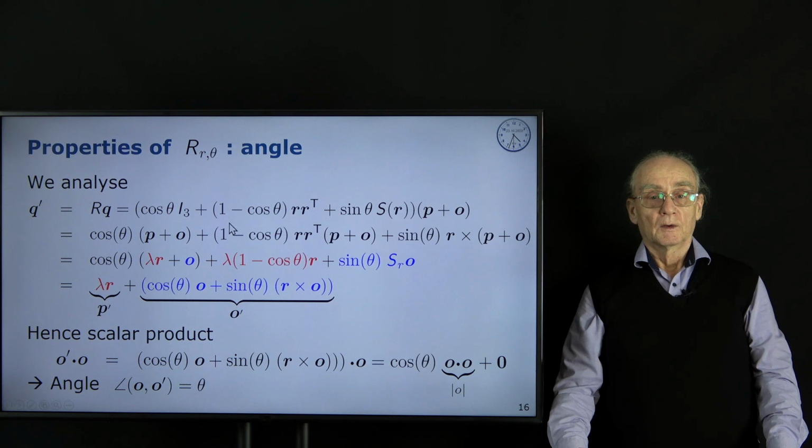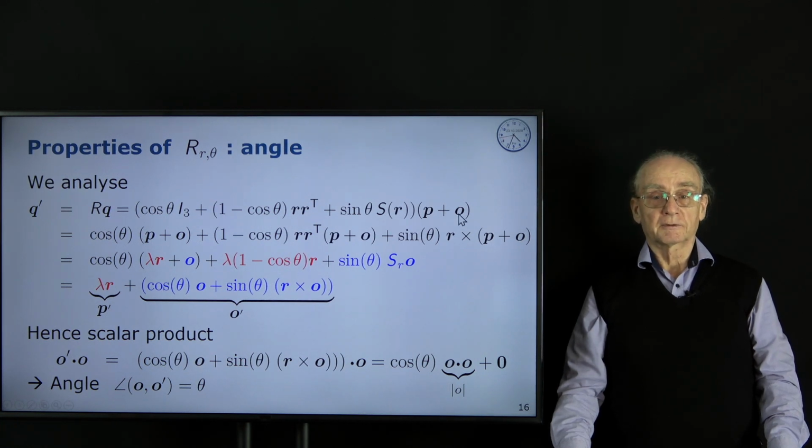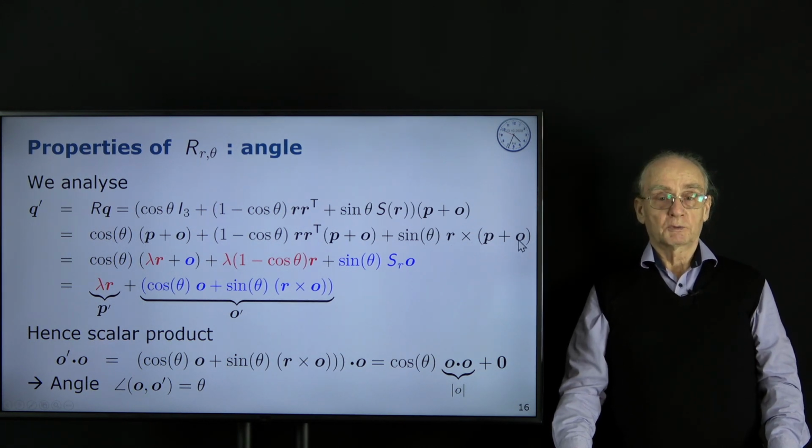Then we have 1 minus cosine theta multiplied with r r transpose times p plus o. And we have finally sine theta, and now we have the product of this skew-symmetric matrix with the vector p plus o, that is the cross product of r with p plus o.